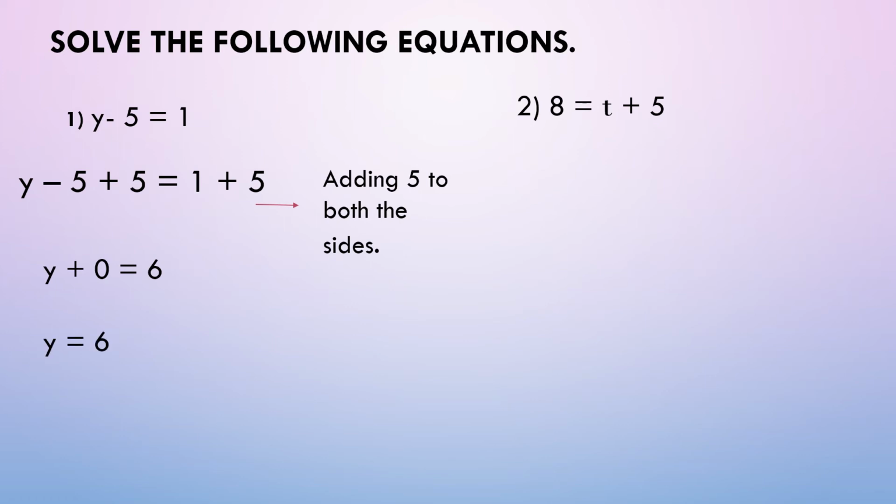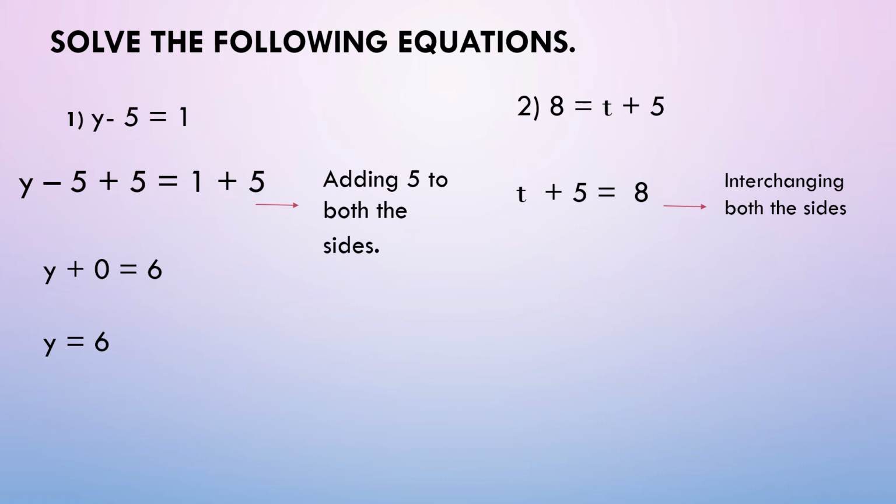Second sum, 8 is equal to t plus 5. First you have to interchange both the sides. Okay. That is, t plus 5 you have to bring on the left hand side and 8 you have to bring on the right hand side. Okay. Now we have to find the value of t. So you have to remove this plus 5.